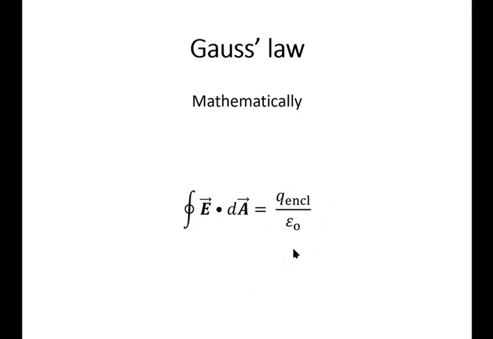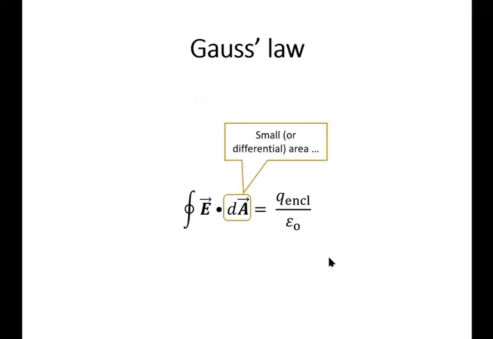Mathematically, this is how Gauss law is represented. We are going to explain each small feature of the equation. The first part is the small area of the surface. Indeed, we are using the sphere, but it can be any closed surface. It can be a cube, it can be any closed surface.